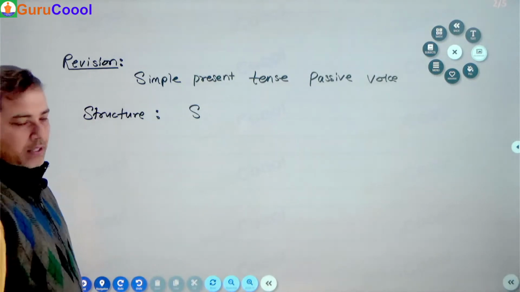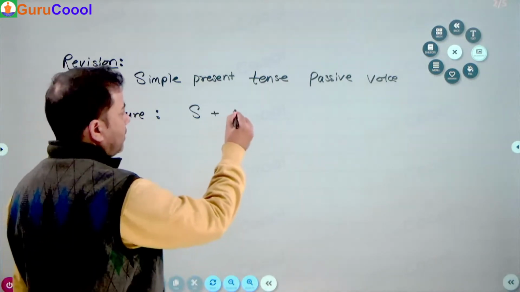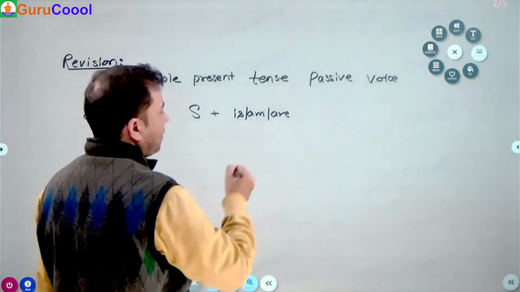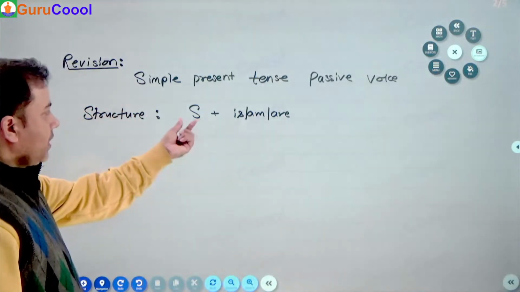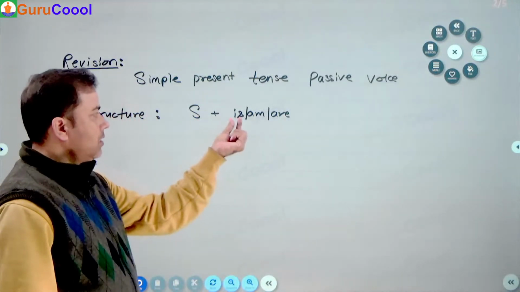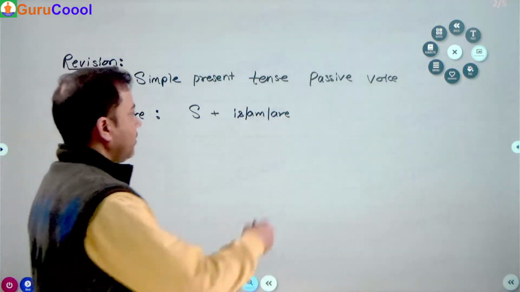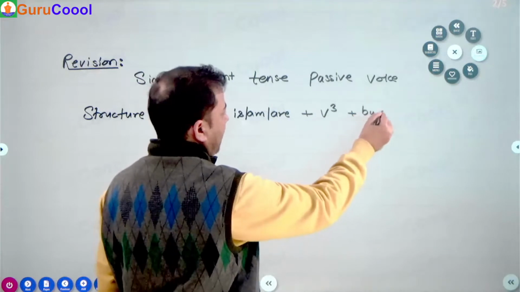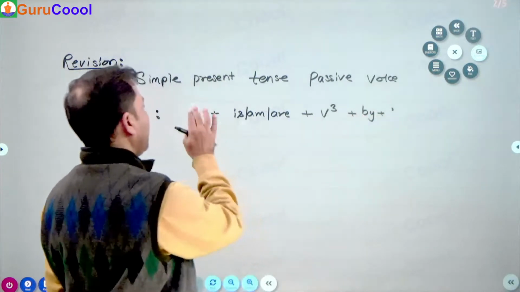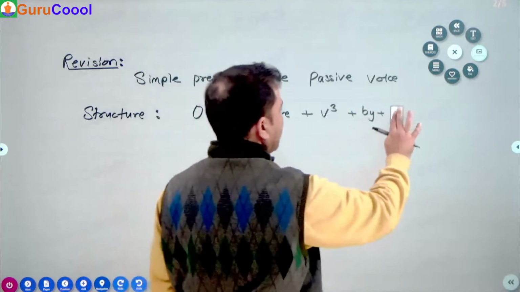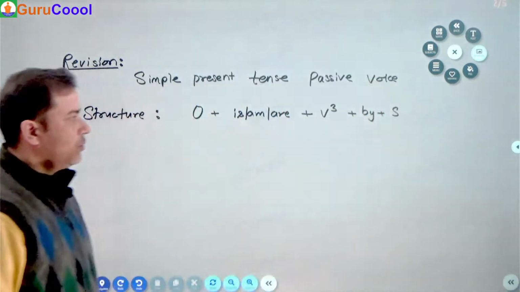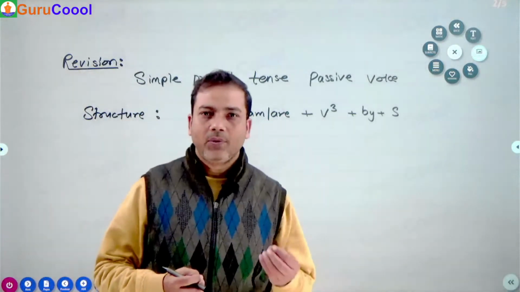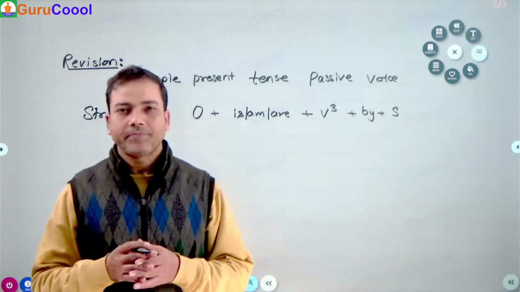After writing the subject, we have to put either is, am or are, depending on what subject we are using. Then you use V3, then by, and then here you write the object, and the subject goes at last. As I told you, there is a difference between active voice and passive voice, right?